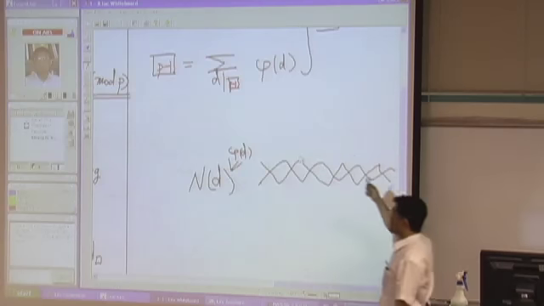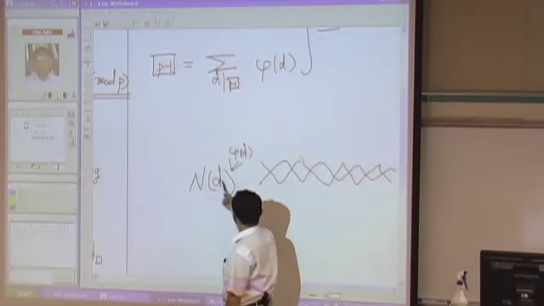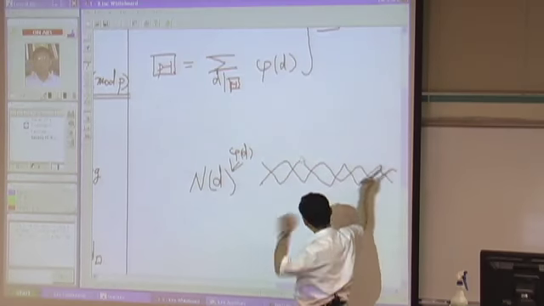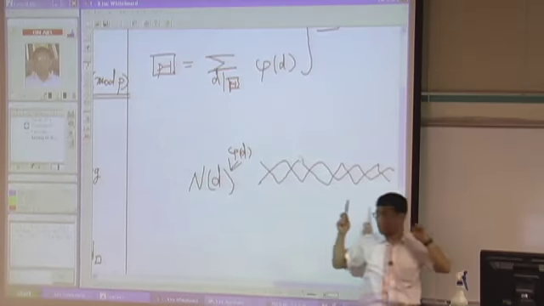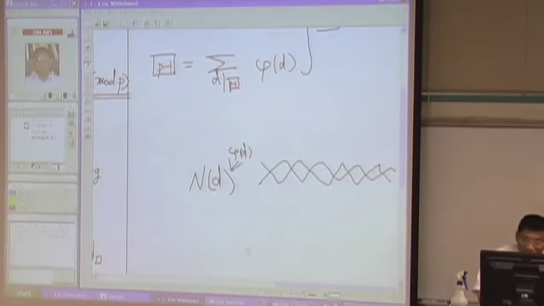In other words, assume that phi of d is always greater than or equal to n of d everywhere in the domain. Then the only way possible is what? They are equal. Because if there is any strict difference, then under this condition, there is no chance to catch up. n of d cannot catch up to phi of d. If somewhere phi of d is strictly greater than n of d, it has no chance to catch up.